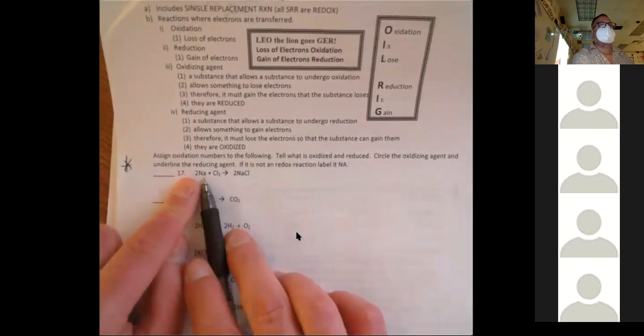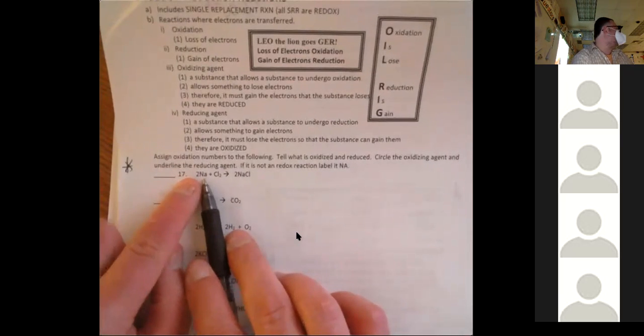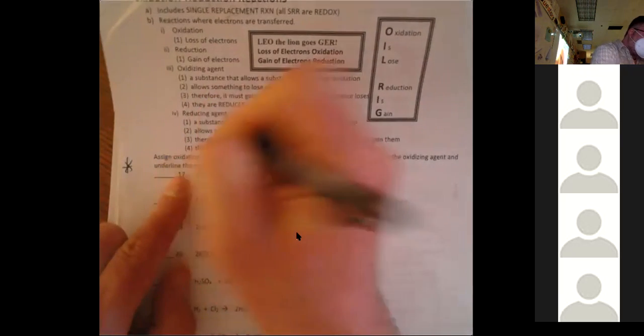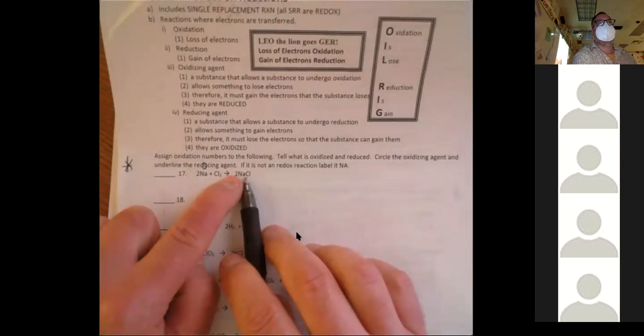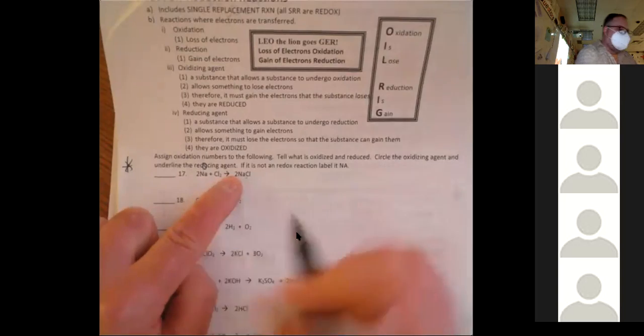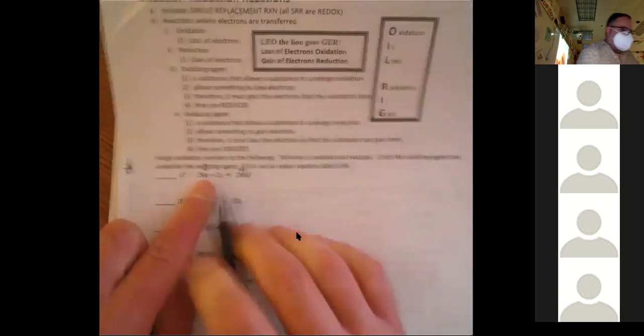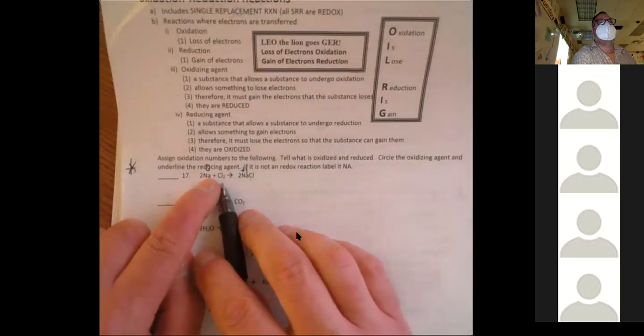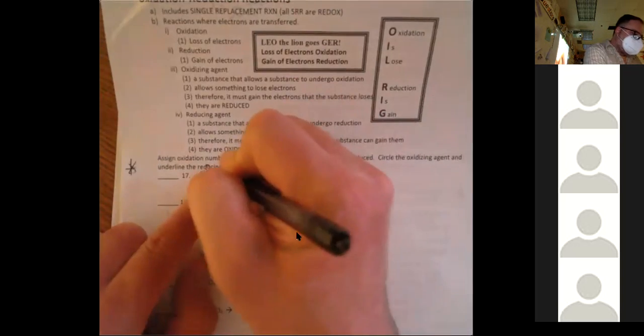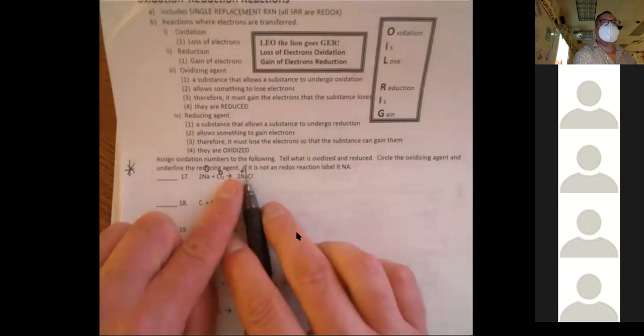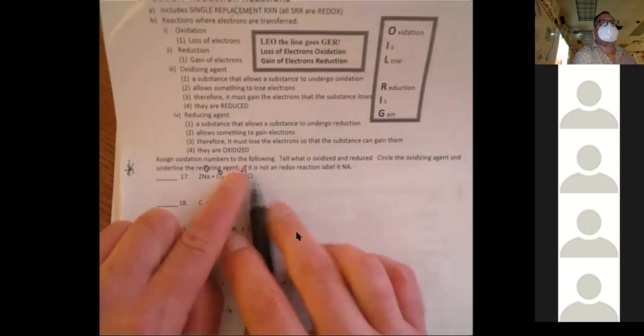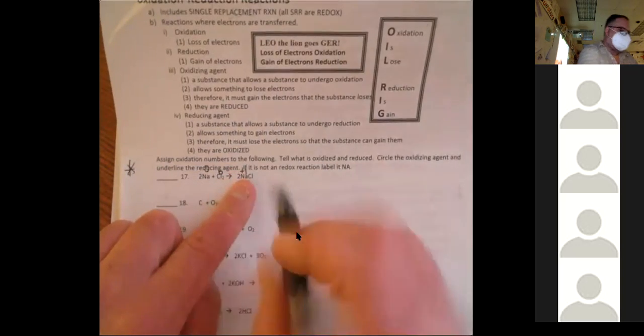So we know that this is an element. So what is its oxidation number? 0. And this is group 1A, so it is +1. And this is an element, so it is 0. And this is paired up with sodium, which has to be +1, so this is -1.